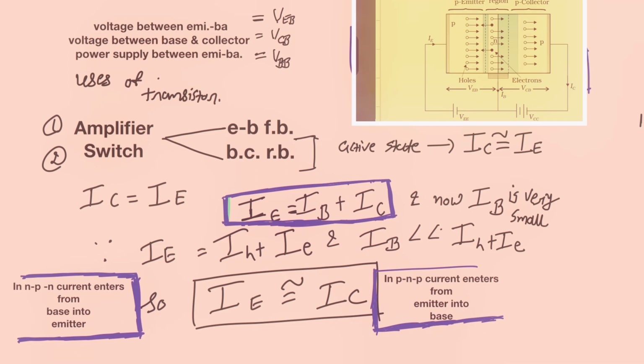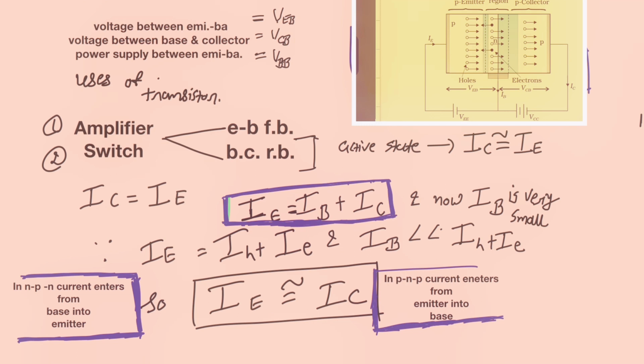So IE is equal to IH plus IE, and IB is very much less than IH plus IE. Why? Because the majority of electrons will go to the collector instead of coming out of the base terminal. So we can neglect IB, and IE will be almost equal to IC.